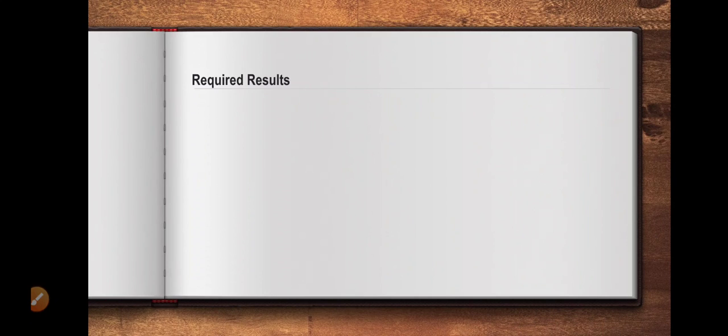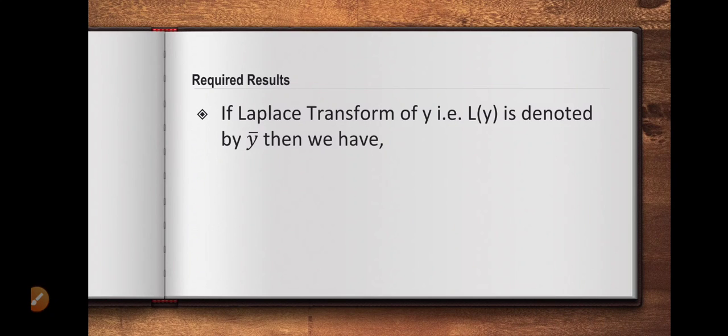So the required results for these applications are, if Laplace transform of y is denoted by L of y, which is y bar, then we have L of y dash, that is Laplace transform of first order derivative of y, equal to s into y bar minus y of 0. Y of 0 means the value of the function y of t at t equal to 0.